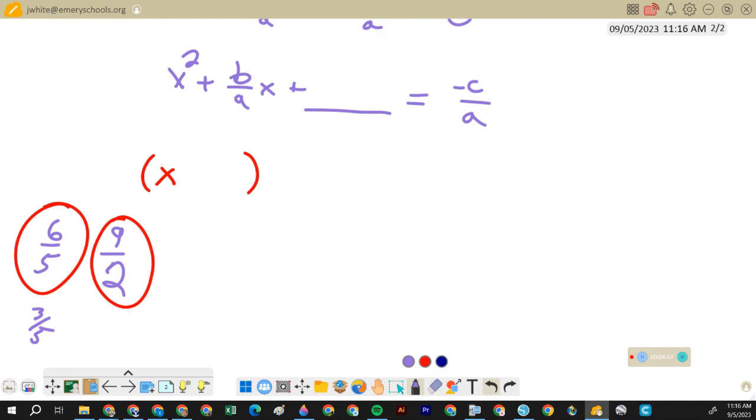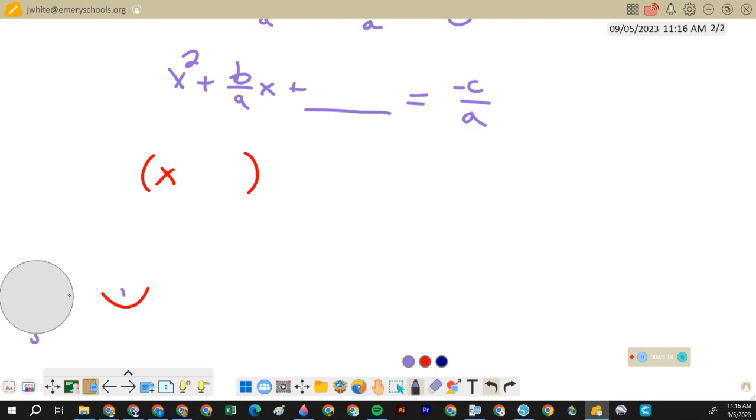So how else can you cut a fraction in half? Double the bottom. 9/2 is twice as big as 9/4, right? So to cut a fraction in half, you either cut the top in half or you double the bottom. So what should I do with b over a?